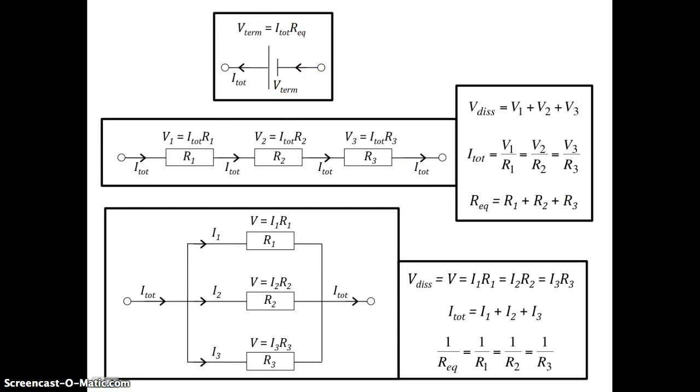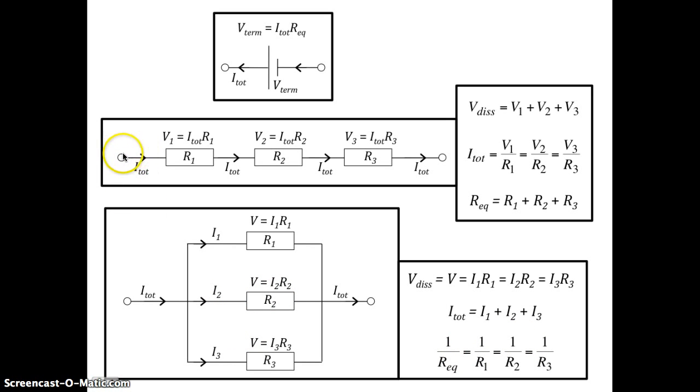Here's what we know about the terminal voltage, which is really just the voltage being supplied by the battery to the circuit. It's the voltage across the terminals. And here's everything we know for a series portion of a circuit, and here's everything we know for parallel resistors.